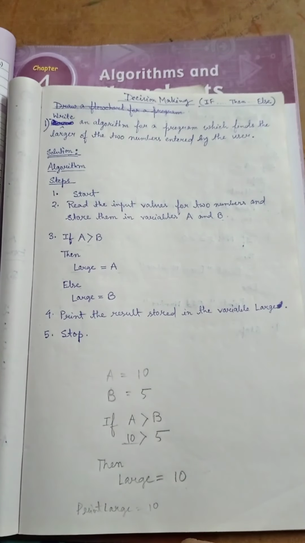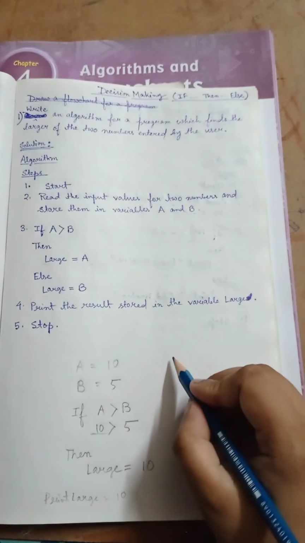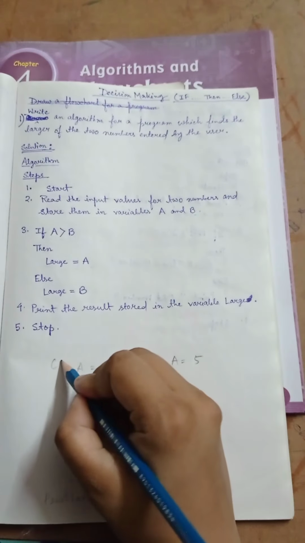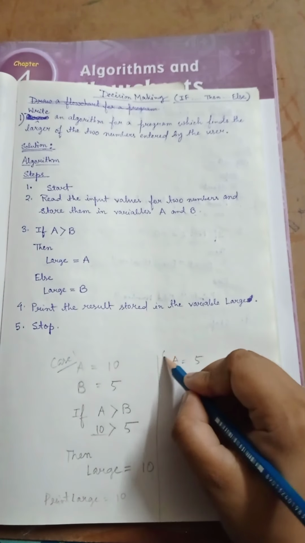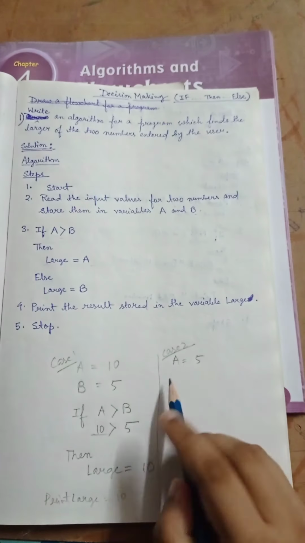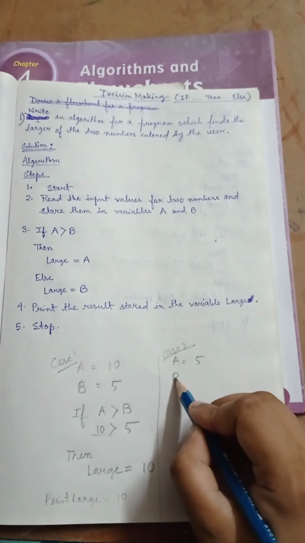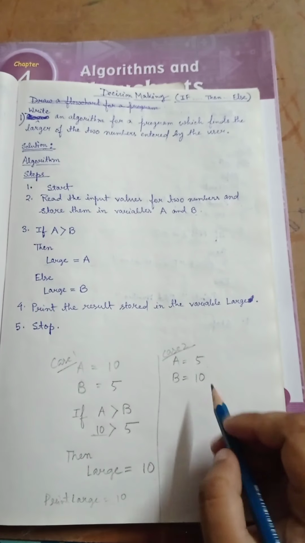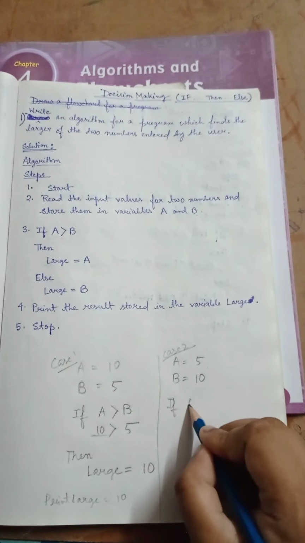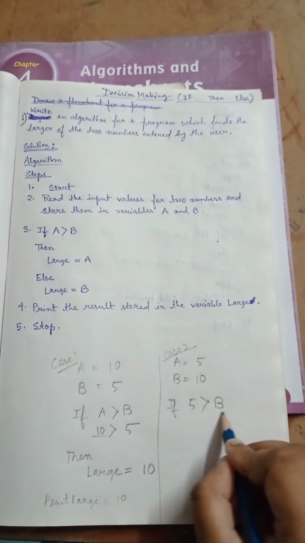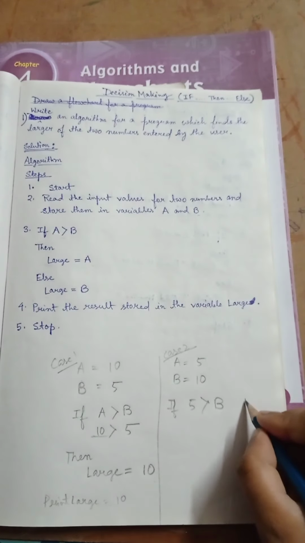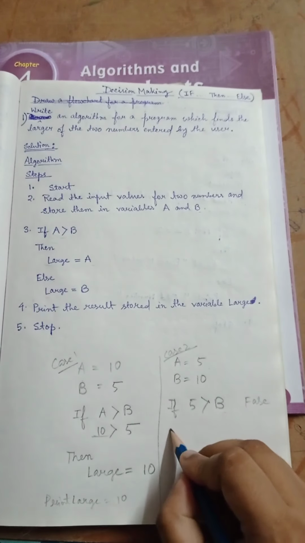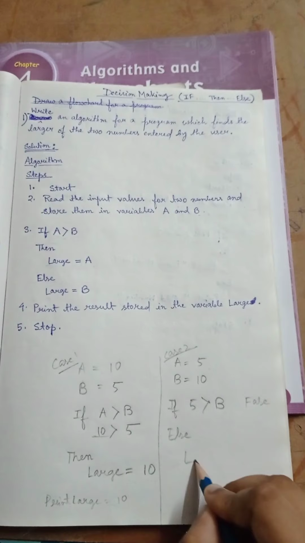This is the first case, and this is the second case. Suppose a is equal to 5 and b is equal to 10, and these numbers are entered by the user. Then a greater than b, 5 greater than 10, is false, so the then portion is not executed, only the else portion is executed.